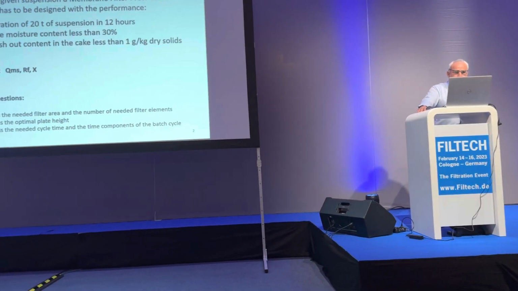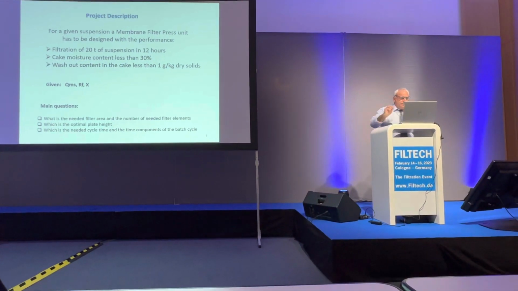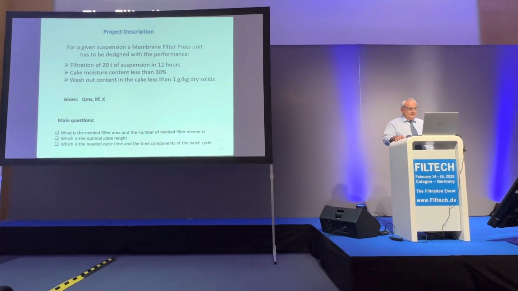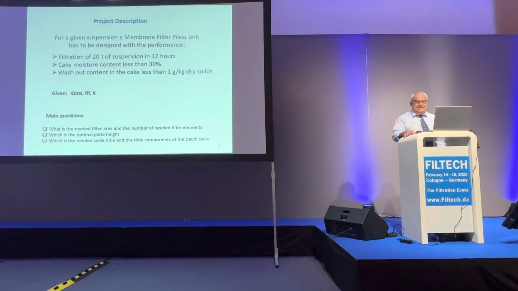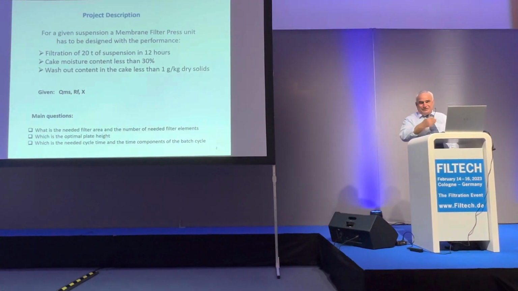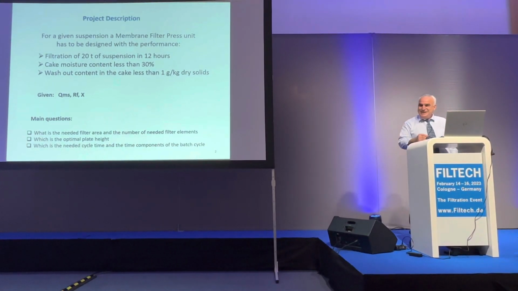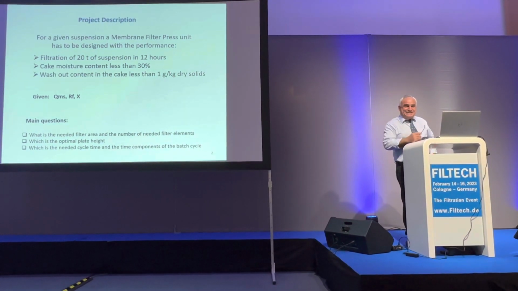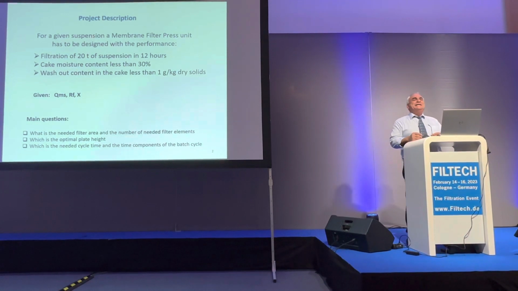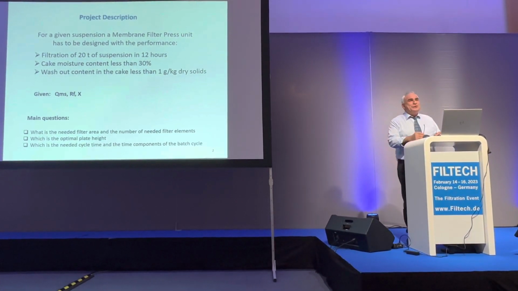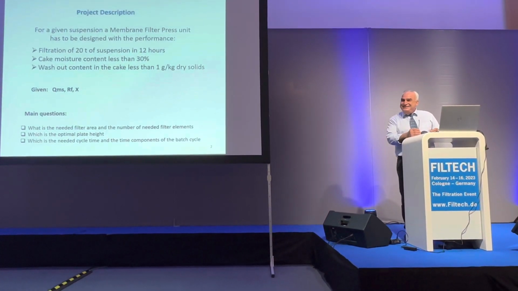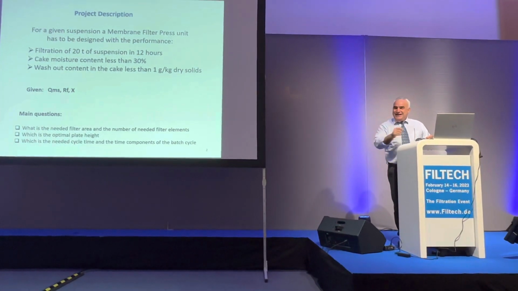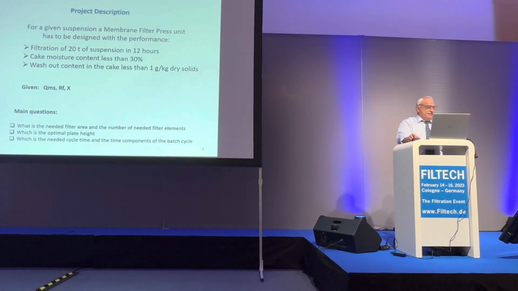Let's see a project description. We have a given suspension, a membrane filter press unit has to be designed. As I told you, first of all, we have to decide if the membrane filter press has to be used. But let's see later, after having tested this suspension and after we have defined the efficiency parameters, only then we can talk about membrane filter press.